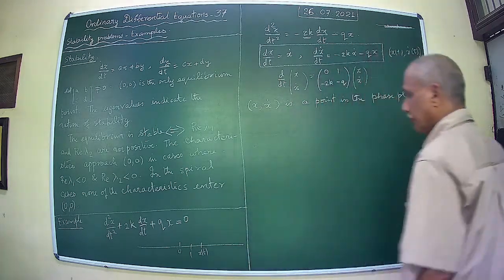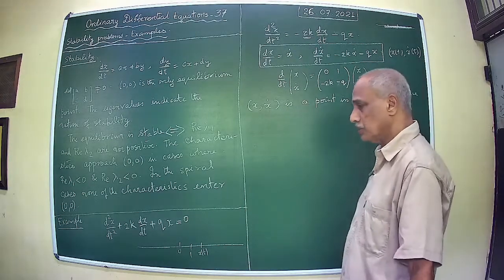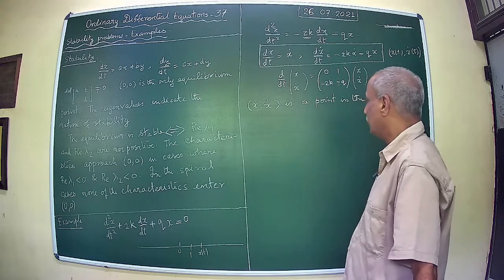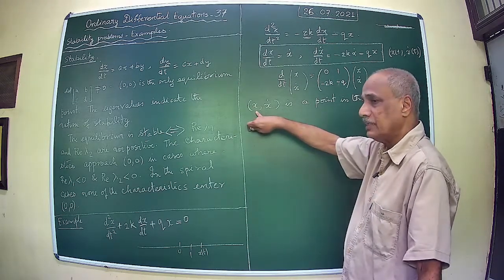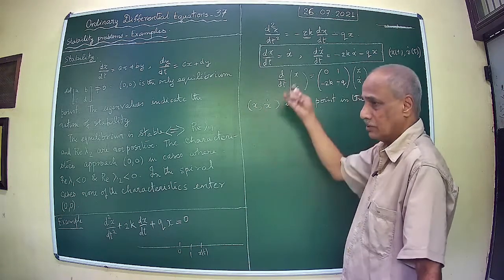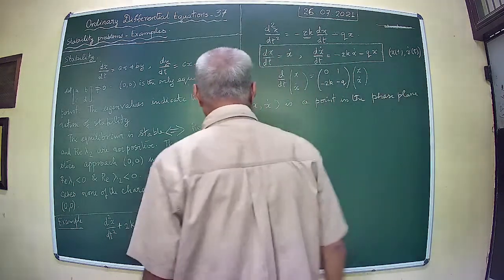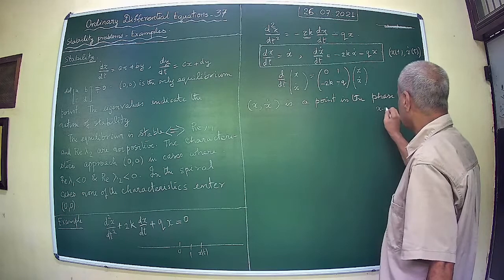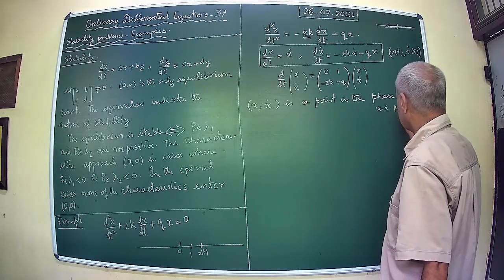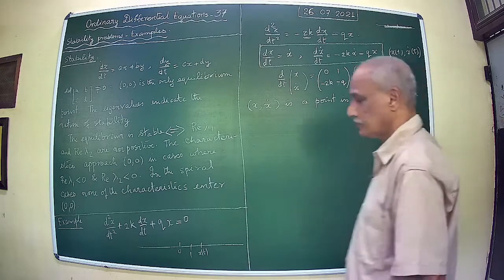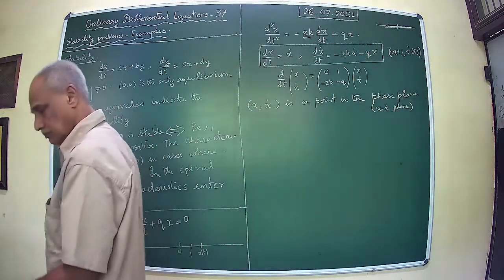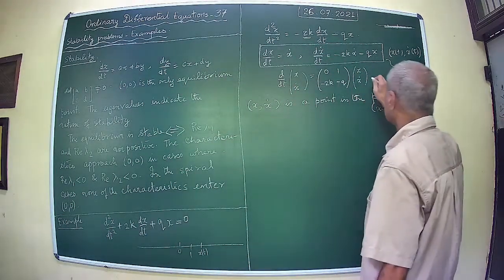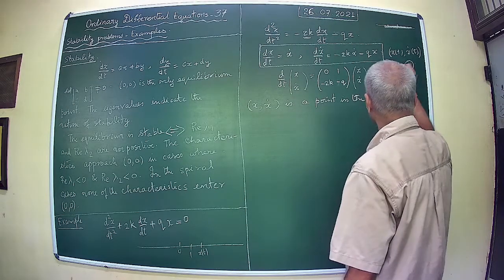So any point in the phase plane would give you the position as well as velocity of the particle. Okay, x corresponds to the position, x dot corresponds to the velocity. So this is what is called the phase plane. So let me denote this by 1, and that is essentially the same as this.